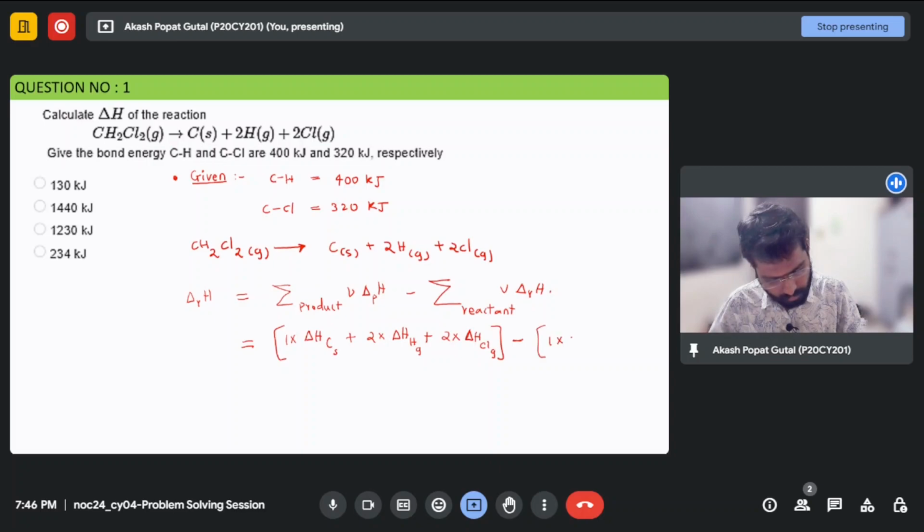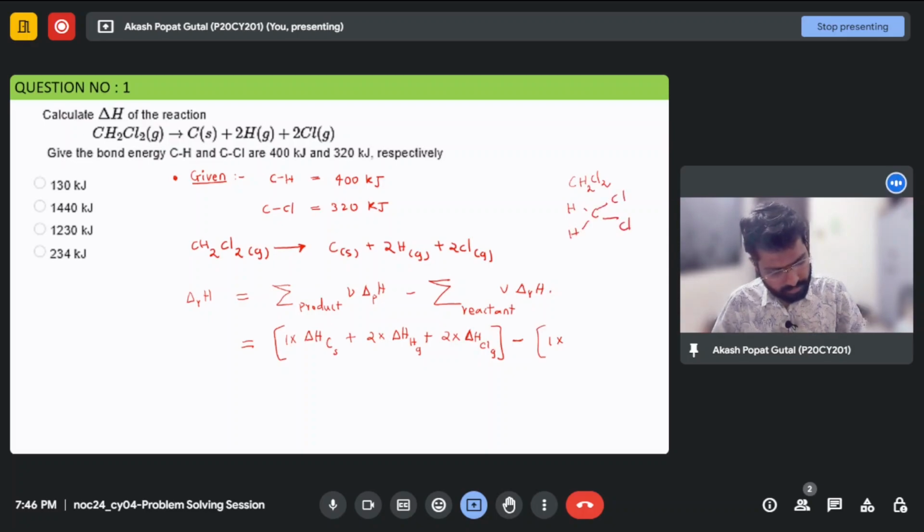So we have the bond energies. We know the given compound is CH2Cl2, so we have two C-H bonds and two C-Cl bonds.